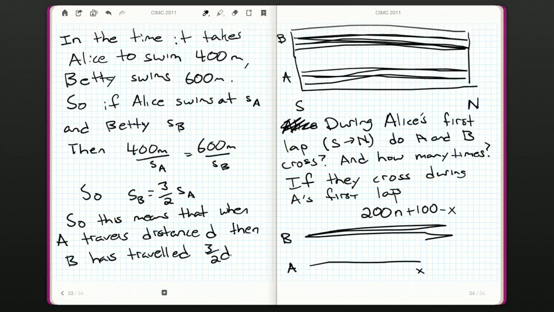So that's something we can set up. We have 200n plus 100 minus x, and we know that should be 1.5 times x. Okay, so that should at least help us a little bit.